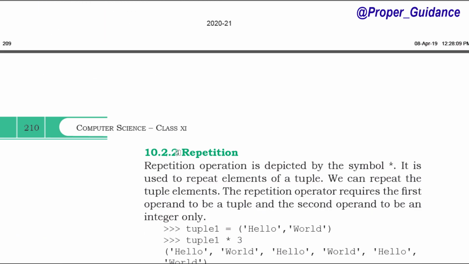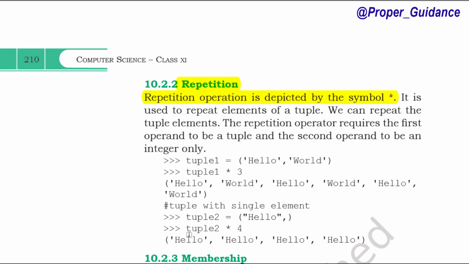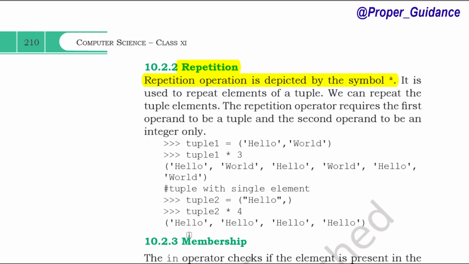And the next point is repetition. The repetition operation is depicted by the symbol asterisk. It is used to repeat the elements of a tuple. The repetition operator requires the first operand to be a tuple and the second operand to be an integer only. So tuple 1 equals hello, comma, world.